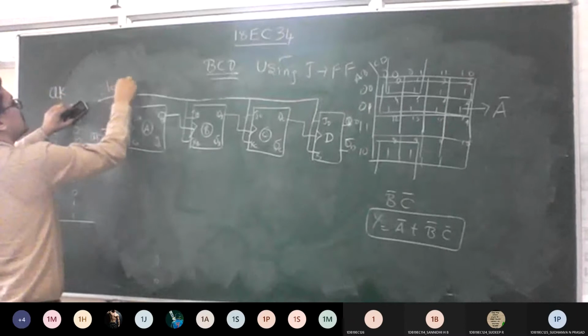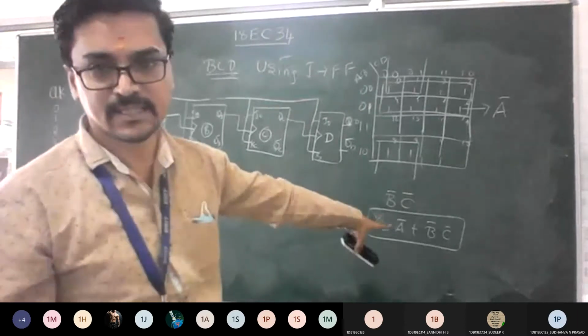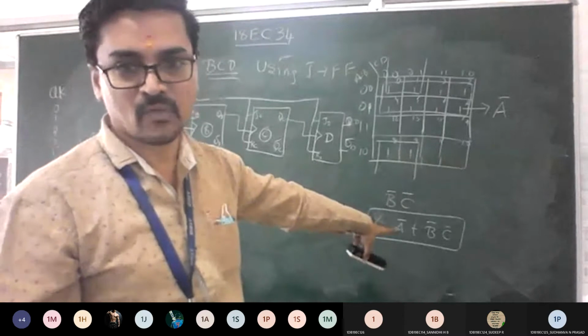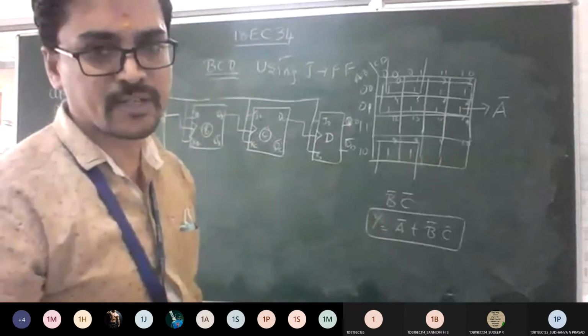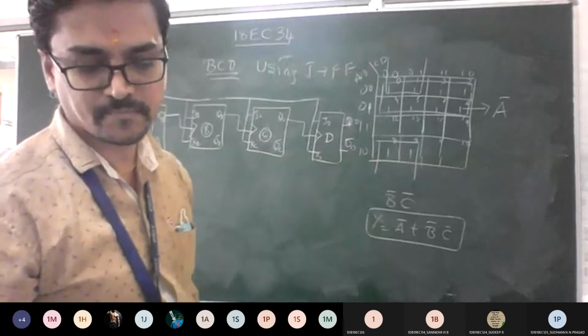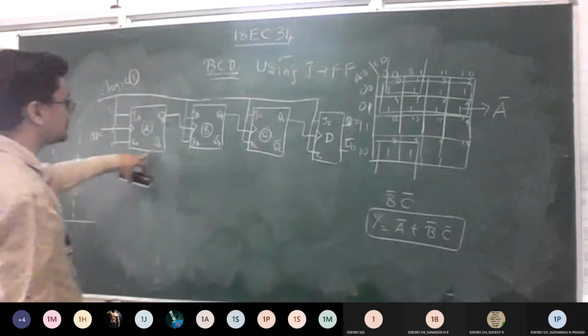I need to connect this to logic 1. Then how to get this in that diagram? Where should I plot this? Where is A bar for me? Search for A bar. Where is A bar? QA bar. Nothing but this only.